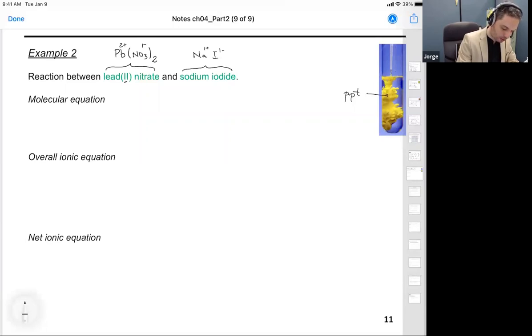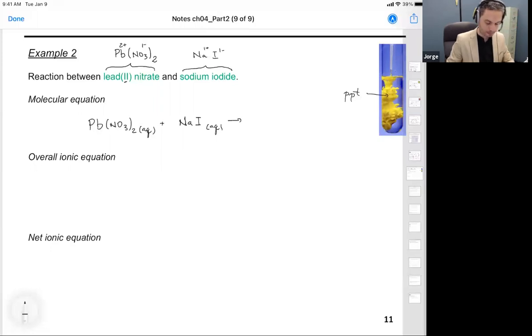Starting with the molecular equation, let's write here Pb(NO3)2, and that's dissolved in water. So we need to represent aq. And the same thing with sodium iodide. Okay, this is dissolved in water as well. Every time you have a reaction, the positive is going to look for the negative and vice versa. Sodium is positive, therefore is going to look for the other negative, which is nitrate.